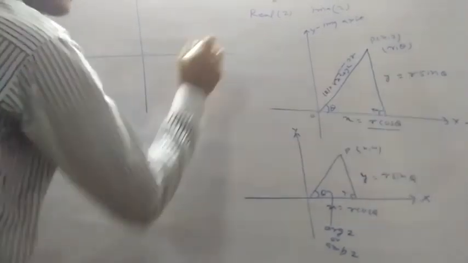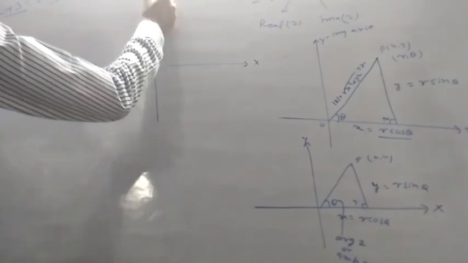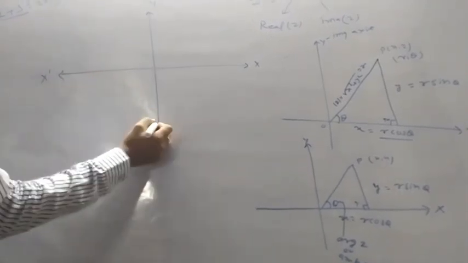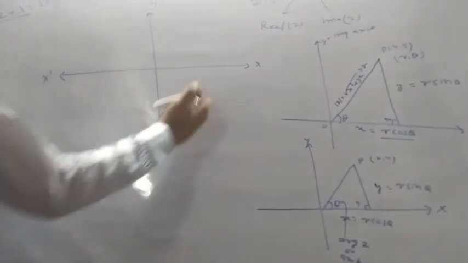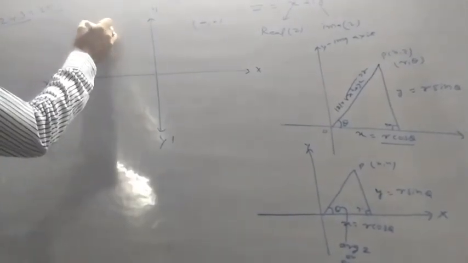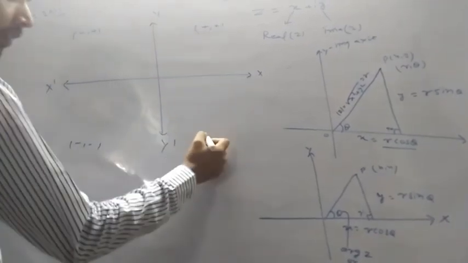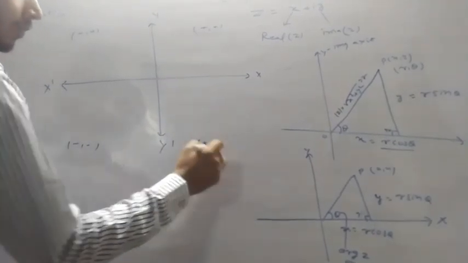Now again we can see that this is x, this is y, this is x dash and this is y dash. You can see this quadrant is positive-positive, this is negative-positive, this is negative-negative, and this is positive-negative.